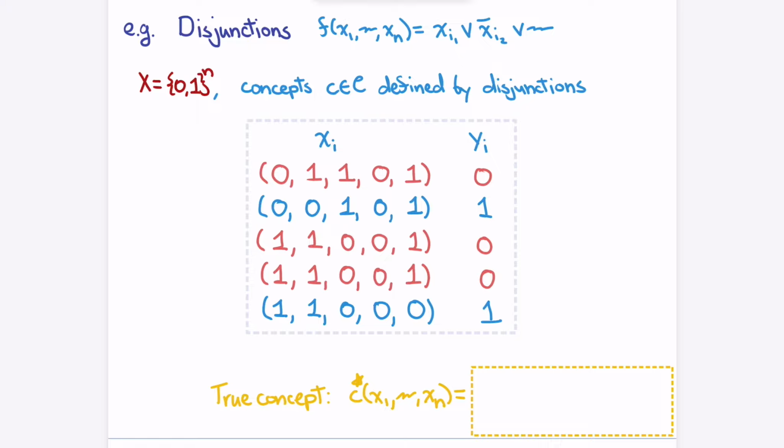Like take even this example. What would be a disjunction that works? Here, x1, x2, x3, x4, x5.